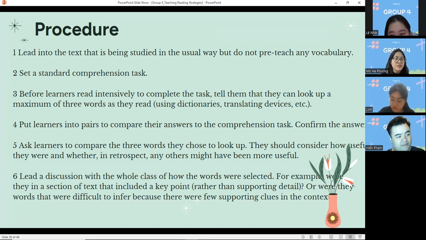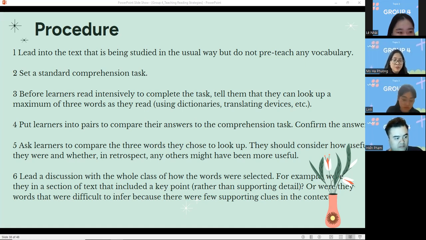First, lead into the text that is being studied in the usual way, but do not pre-teach any vocabulary. 2, set a standard comprehension task. Number 3, before learners read intensively to complete the task, tell them that they can look up a maximum of 3 words as they read, using a dictionary or translating device.